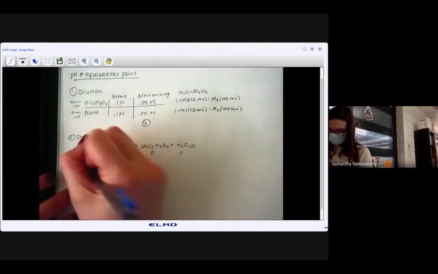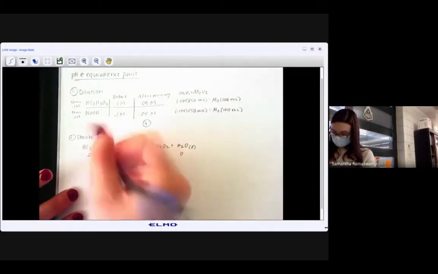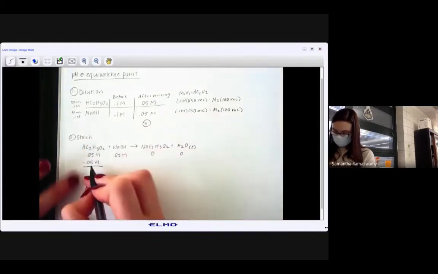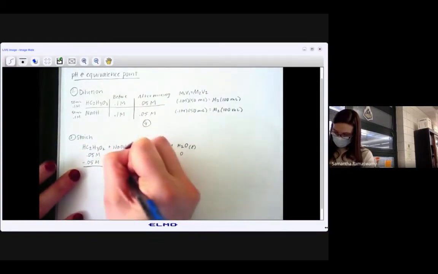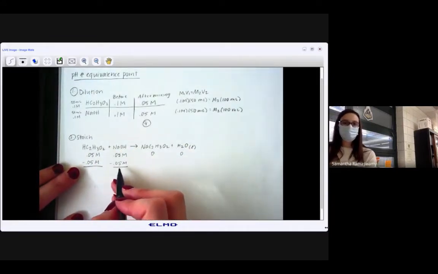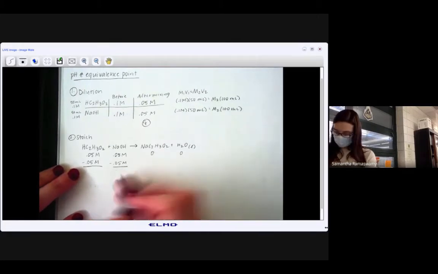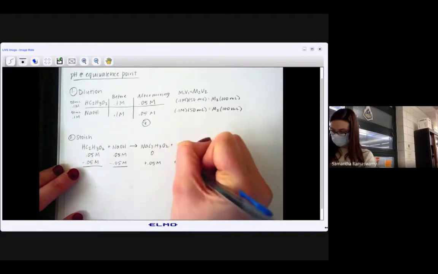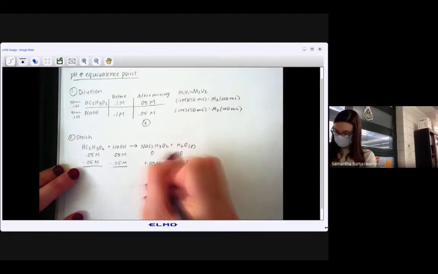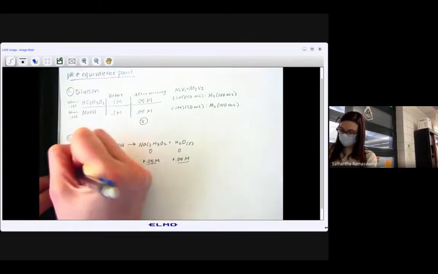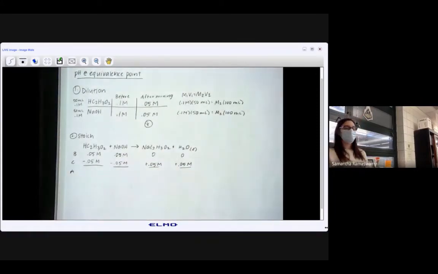So I'm going to use up, it doesn't actually matter which one you pick, all of this. 1-to-1 ratio. I use up all of the sodium hydroxide. But it's stoichiometry, so you're using up reactants and you're forming products. Again, if you think about the stoichiometry, if you want to put a name to each row, we call them BCA.